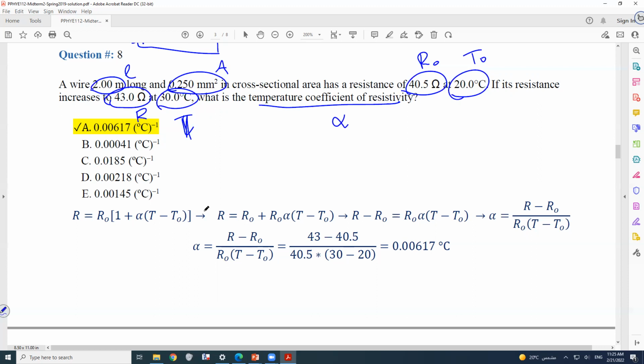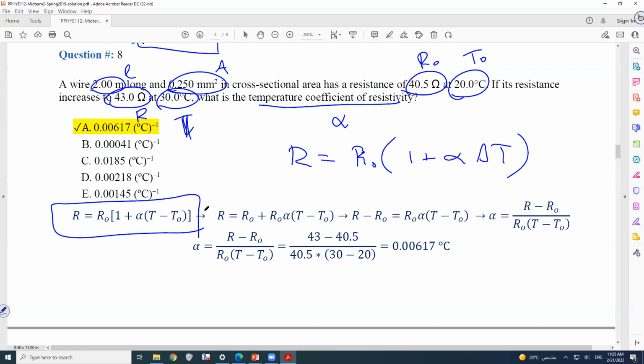So now you should immediately remember, in that section, we had an equation for how the resistance varies with the temperature, this equation. So here, this is the reference temperature.